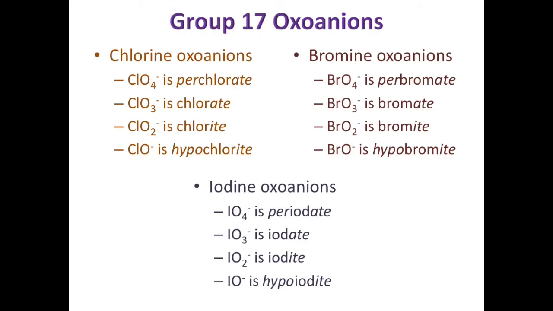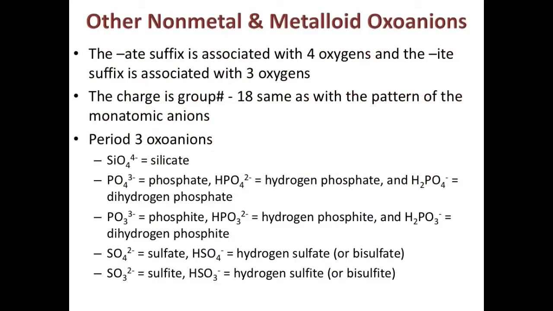This slide gives a summary of everything that is on the group 17 oxoanions, for the chlorine, the bromine, and the iodine. The remainder of the nonmetal and metalloid oxoanions have 4 oxygens associated with the ATE suffix and 3 oxygens associated with the ITE suffix.